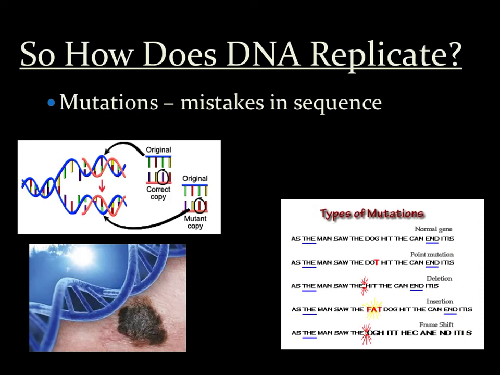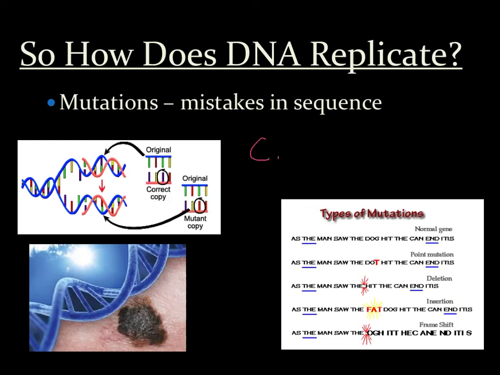So if the sentence is, "As the man saw the dog hit the can," you can then see what happens if you alter letters or rearrange words or get rid of words completely or bring brand new words into it. You simply change the overall outcome or message of the sentence.